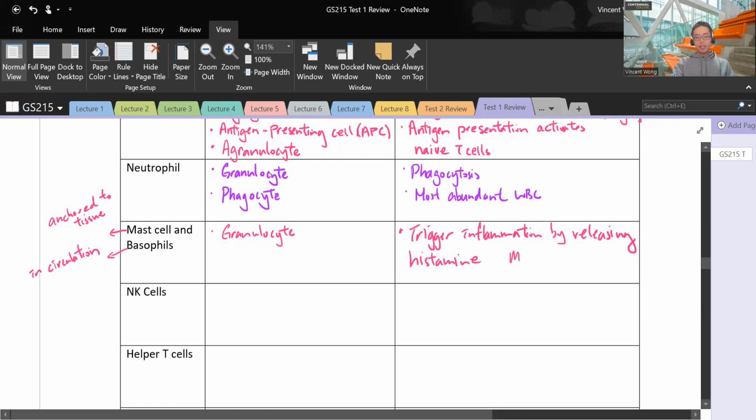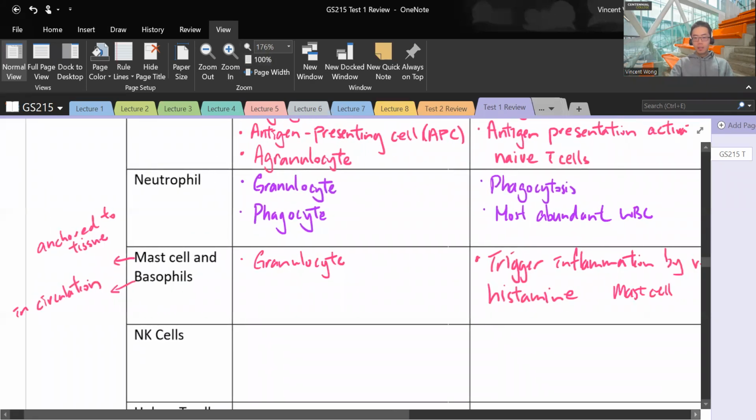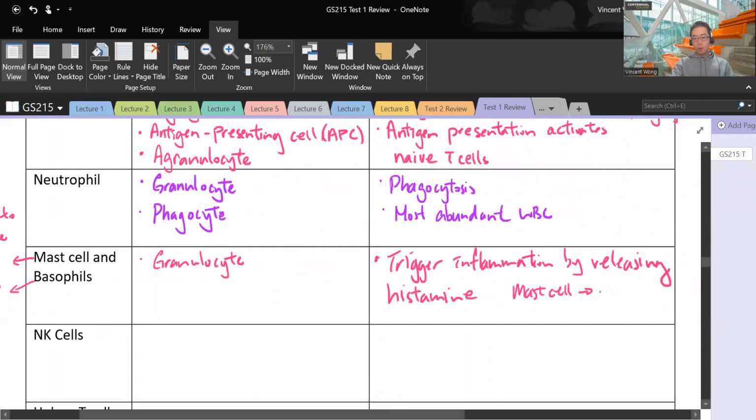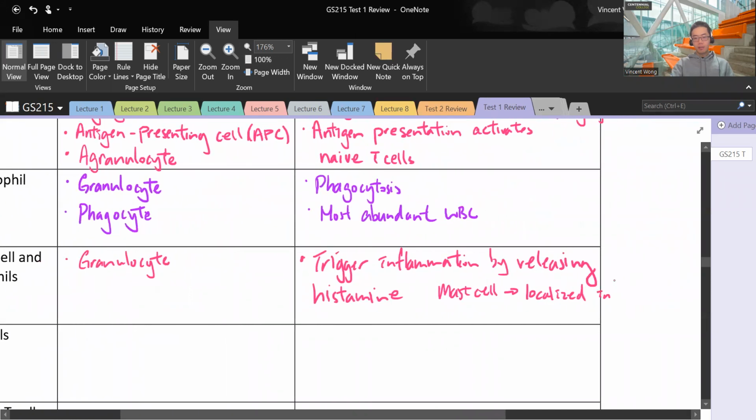Like I said, mast cells are for localized inflammation, like cutting a finger. And basophils are more for systemic, bodily, entire body inflammation.